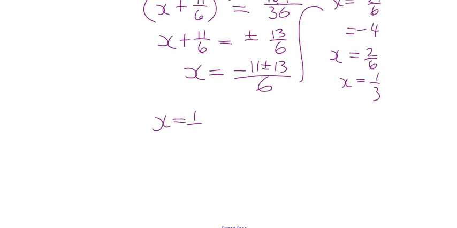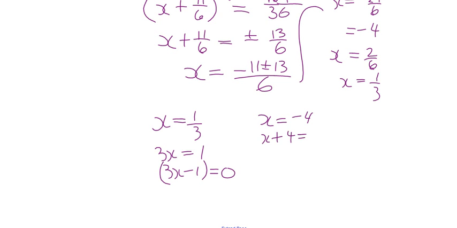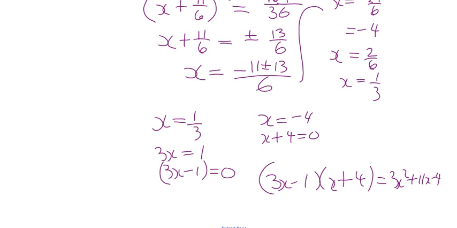So x equals 1/3, so 3x equals 1, so 3x minus 1 equals 0. And we got x equals negative 4, so x plus 4 equals 0. So the factors are 3x minus 1 and x plus 4, which give us 3x squared plus 11x minus 4.